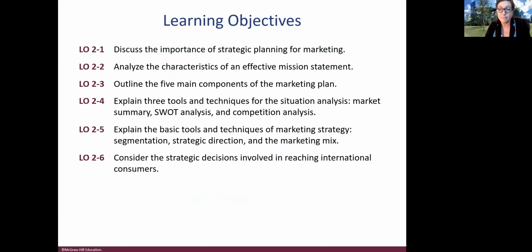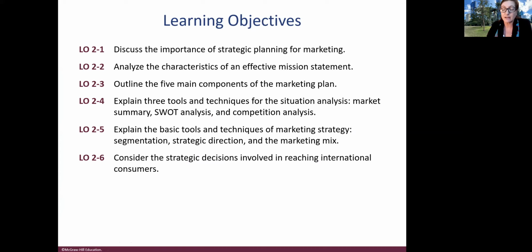We outline the 5 main components of the marketing plan, and we look at tools and techniques that help us conduct a situation analysis and identify segmentation and what our marketing mix should be. And we end the chapter with looking at strategy to reach international consumers.